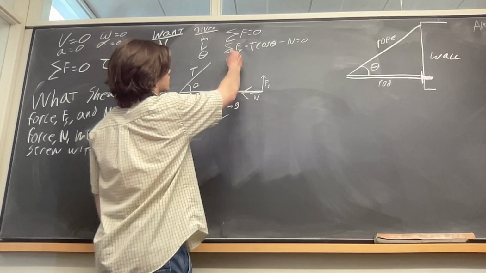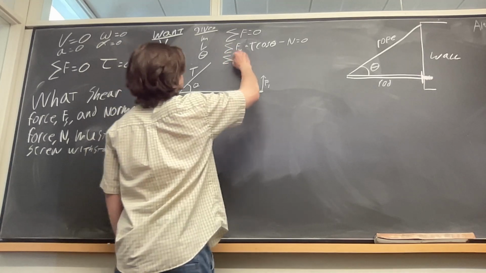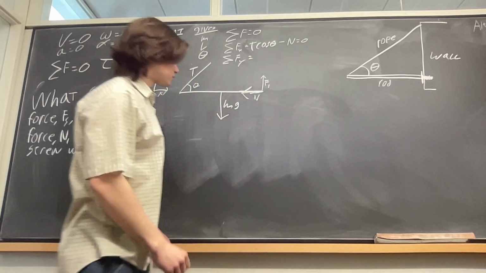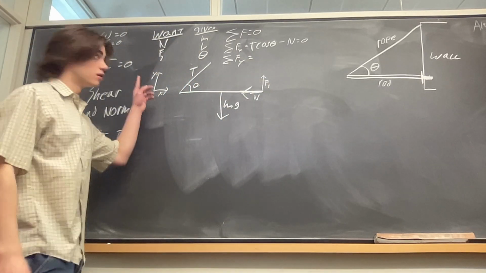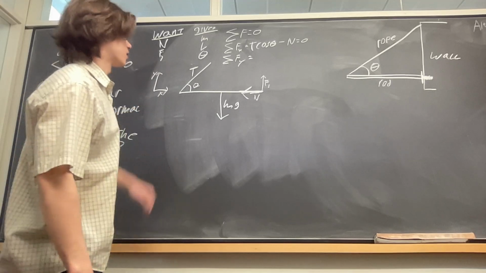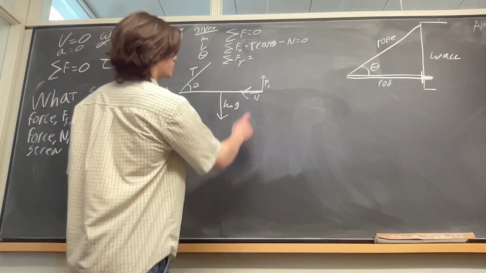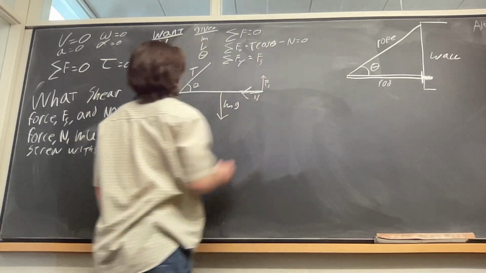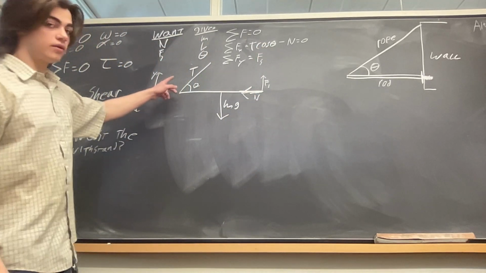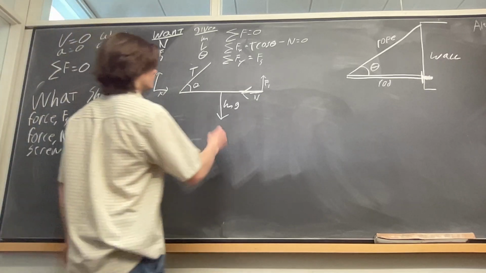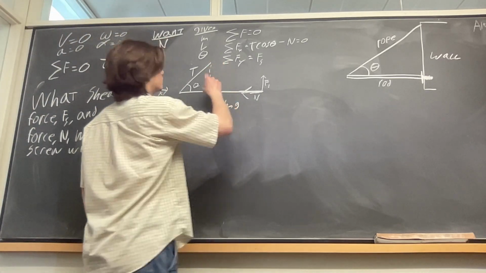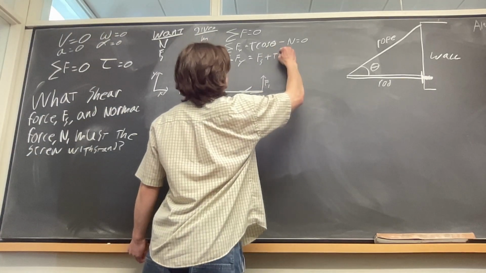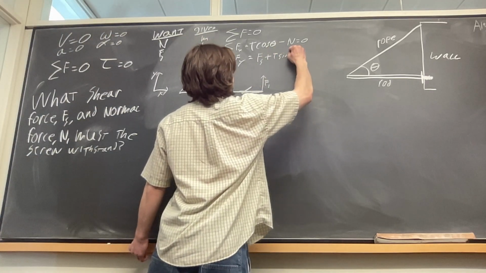And now let's do the same thing for our y components. So we have the sum of forces in the y direction equals, since up is our positive y and down is our negative y, for positive we have the shear force going straight up. So I'll write that. We have the sine component of our tension, T sine theta.